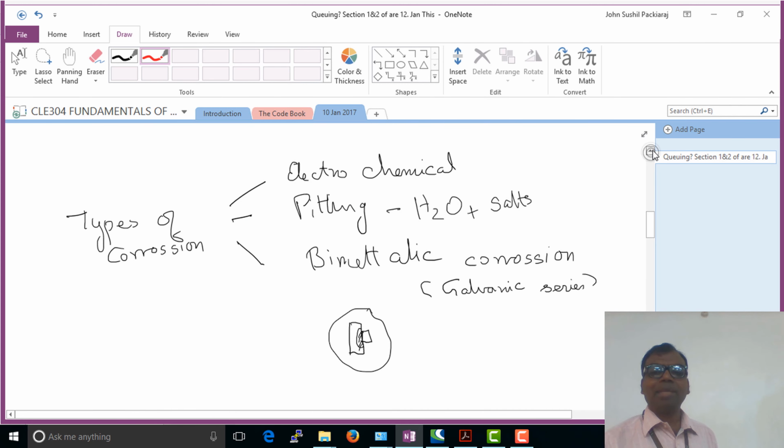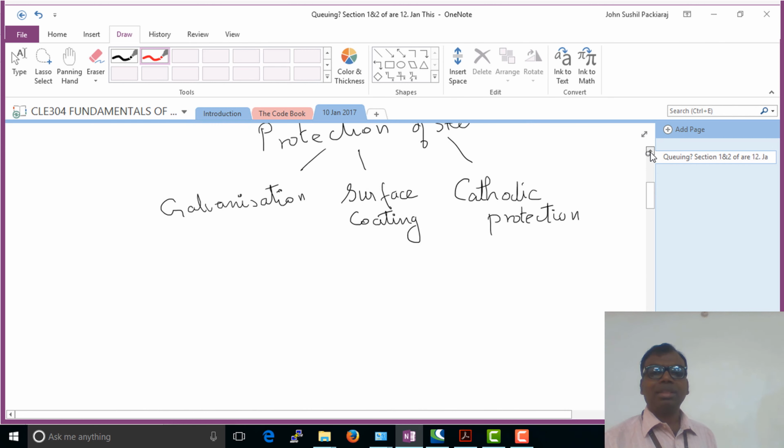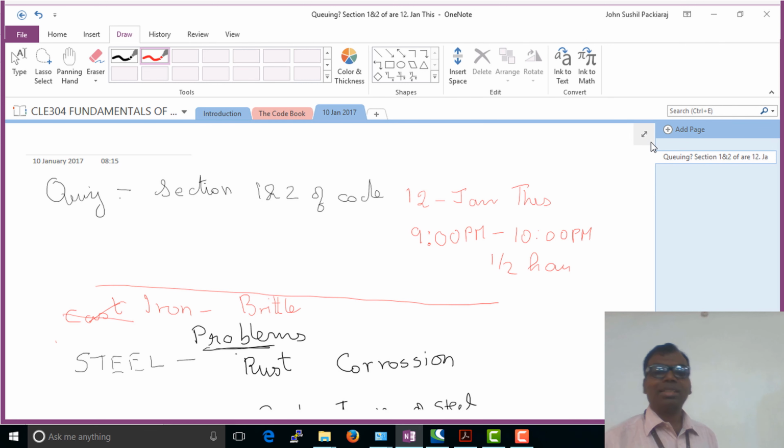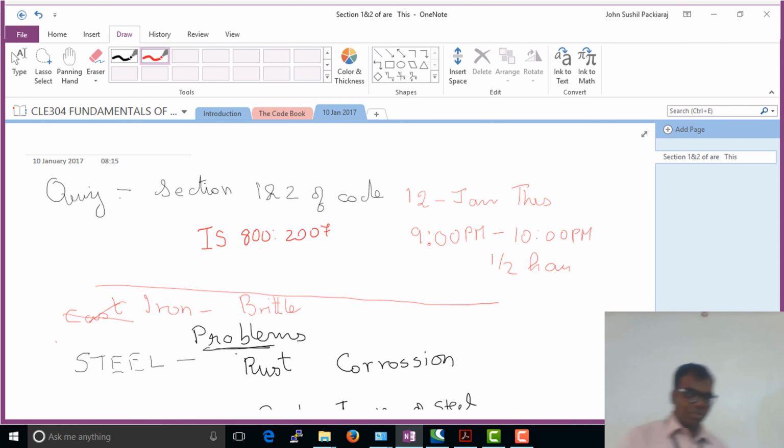Then we saw the types of corrosion and how we can protect sections. We also opened the code book a little, and we are told that there is a test on Thursday. This is IS 800, IS 800 2007.